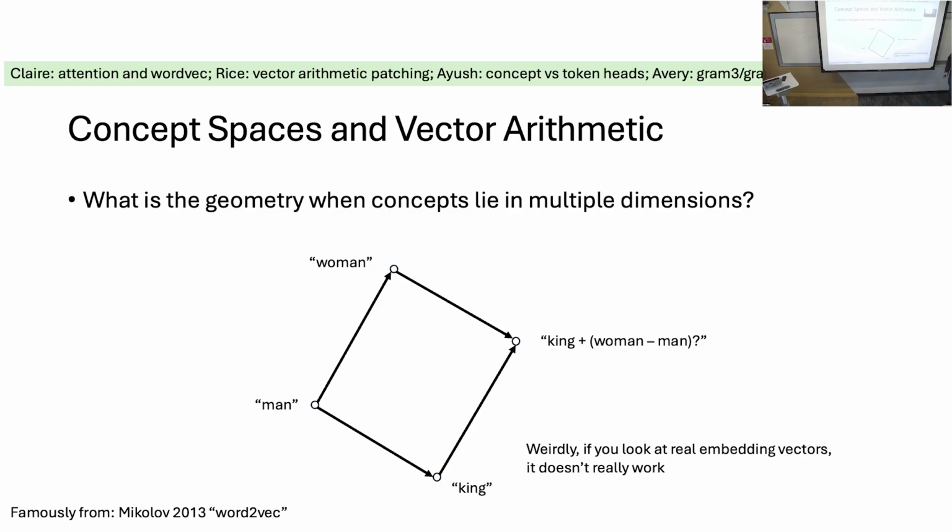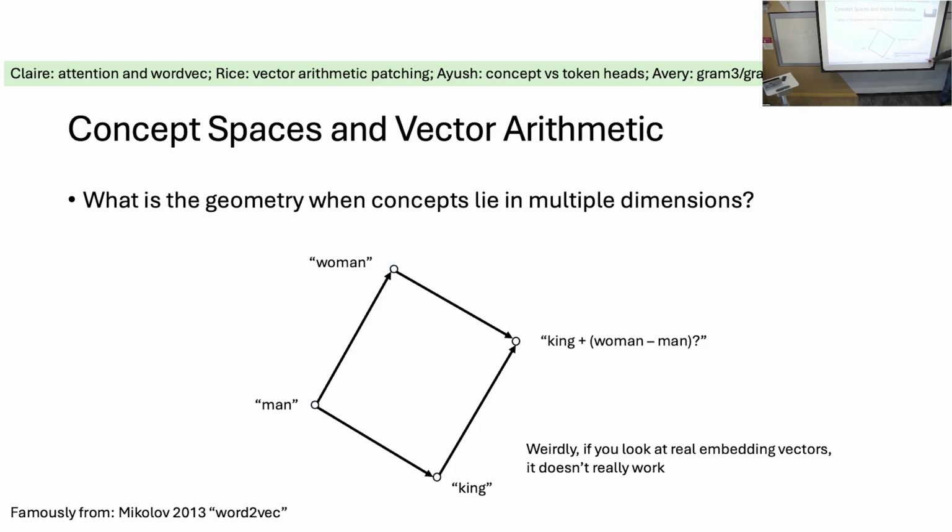This is a semantic vector arithmetic, and so after Mikolov found this, every natural language professor in the world taught everybody this is what happens with vector embeddings, except for this caveat, which is weirdly, if you look at state-of-the-art networks and embedding vectors in real networks, they don't really do this very well.